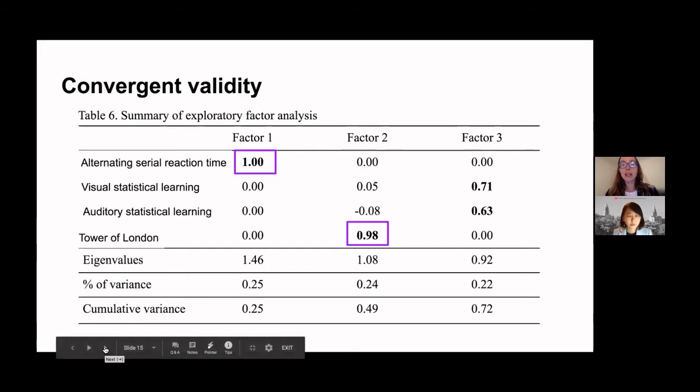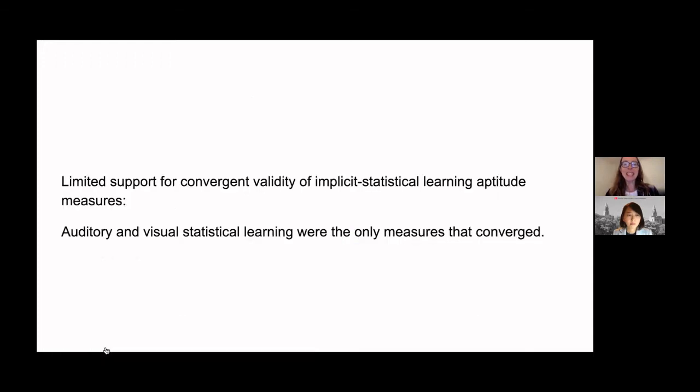And finally, consistently with what we found in the correlation analysis, visual and auditory statistical learning are loading together onto the same factor. So together, what these findings suggest then is that the support for the convergent validity of our different implicit statistical learning aptitude measures in this study was limited. Specifically, the auditory and visual statistical learning measures were the only 2 measures in the study that converged.